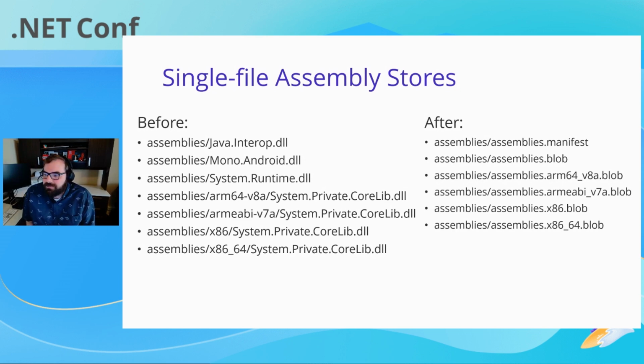Instead of loading those 50 files individually, we end up loading one or two. There's an assemblies blob that's all the stuff, and then there's one per architecture, because a couple of assemblies are different per architecture. This is a good change because Maui apps tend to have a lot of assemblies, and we didn't want to pay that cost.